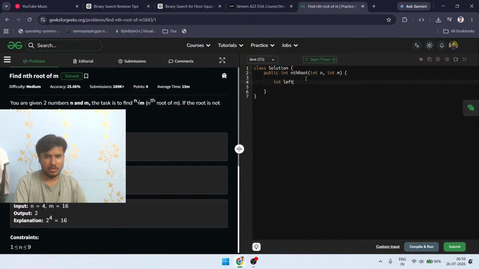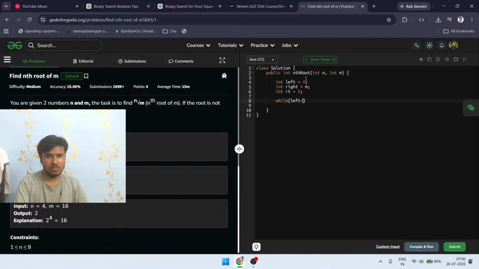Left equals 0 and right equals m. Yeah, that's what it should be. Right. Mid equals to right.